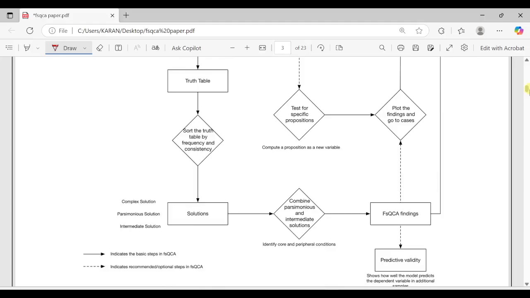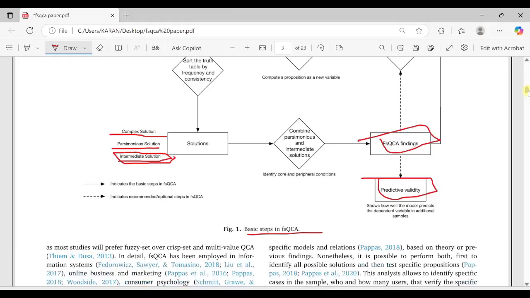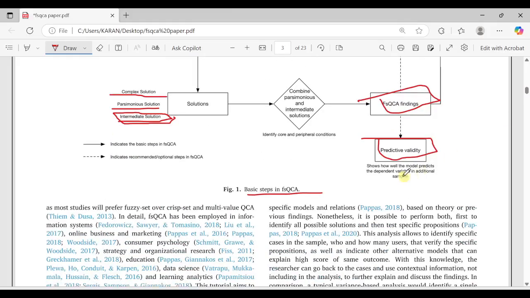Then generate the truth table and sort the truth table by frequency and consistency and arrive at the solutions. Three types of solution: complex, parsimonious, and intermediate. Intermediate is the most reliable and often used. It's a stable solution. And then you report the fsQCA findings. And you can do predictive validity also to establish the validity of your results. It shows how well the model predicts the dependent variable in additional samples.